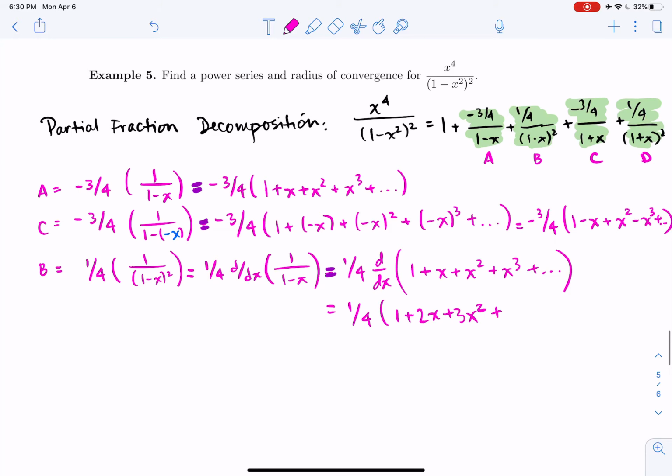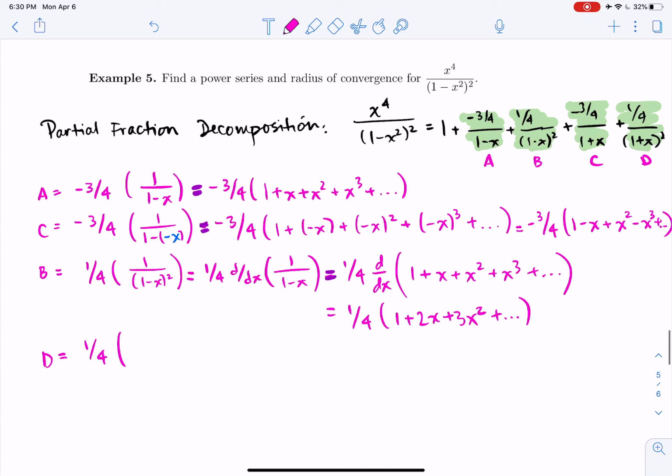Okay. Similarly, D is 1/4 times 1 over 1 plus x quantity squared. And just like B, there's no way for us to rewrite this function as 1 over 1 minus something. So instead, what we can say is that this is actually the derivative of minus 1 over 1 plus x.